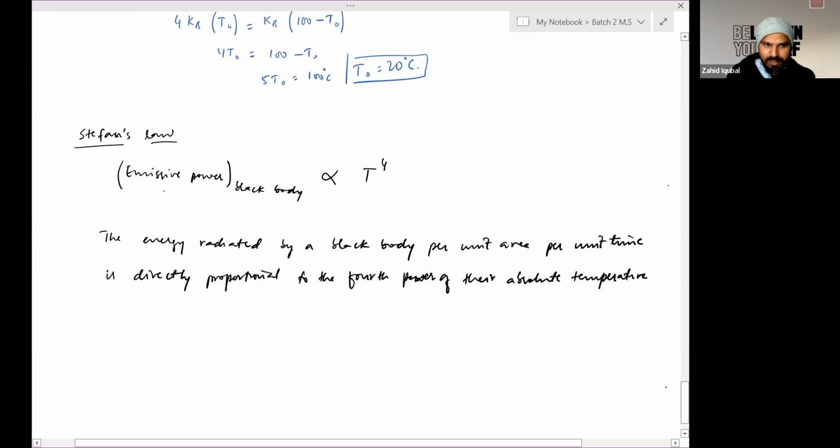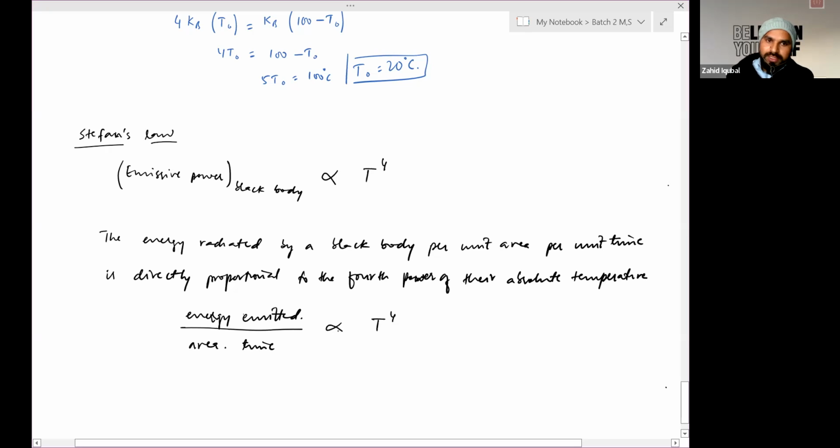So emissive power is energy emitted by a black body per unit area per unit time, directly proportional to the fourth power of their absolute temperature.